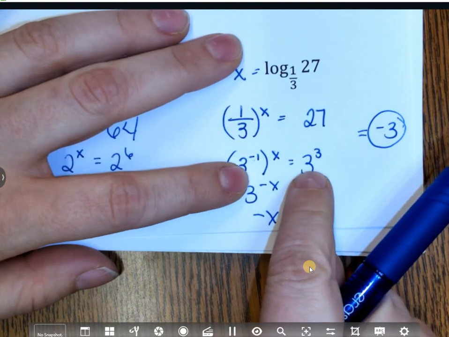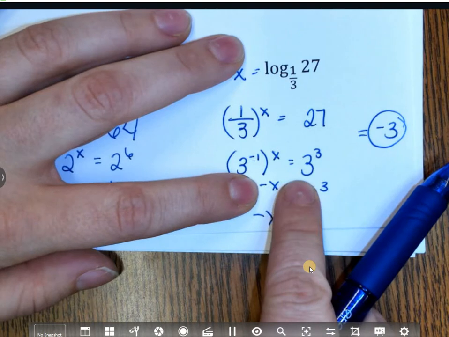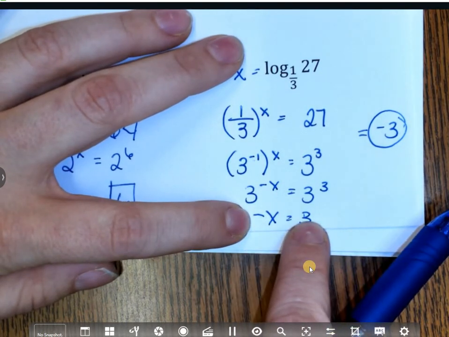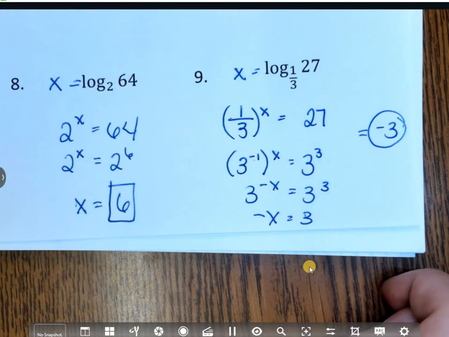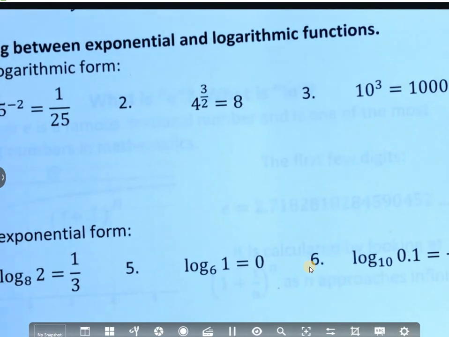If the bases match, the exponents must match as well. So I said I'm going to drop those numbers and just look at the exponents. If negative x equals positive 3, then x would be equal to negative 3. So far, so good? Okay. We're going to write down 10 and 11 for me.